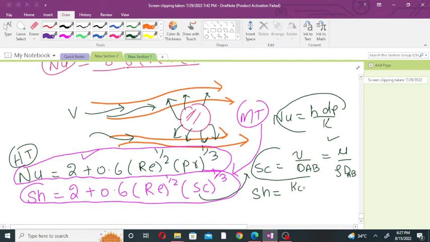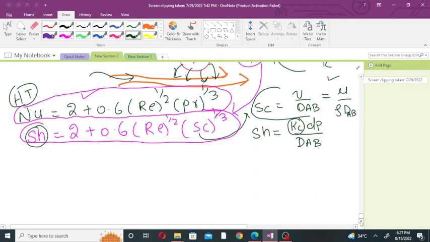We have already discussed how to obtain the mass transfer coefficient: it was obtained from D_AB divided by thickness. So the Sherwood number is the mass transfer coefficient times the diameter of the particle divided by the mass diffusivity D_AB. Once you determine the Sherwood number, you will determine the mass transfer coefficient.